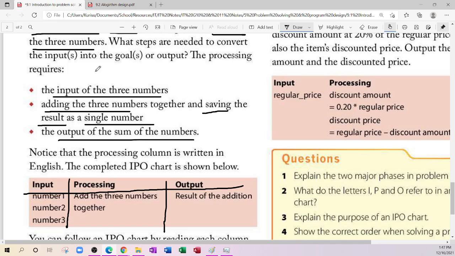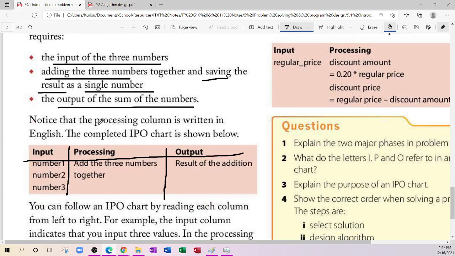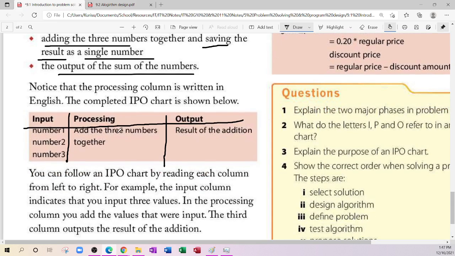So input the three numbers, add the three numbers, save the results, and then output the results. So notice that the processing column is written in English. The completed IPO chart is shown below.